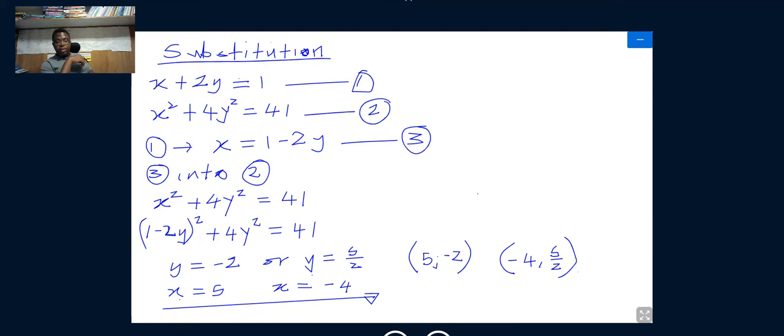The importance of this is that we are able to solve systems of equations simultaneously. We have 2 methods. The first method is called the substitution method, where you take one equation and substitute it into the other equation. That's it.